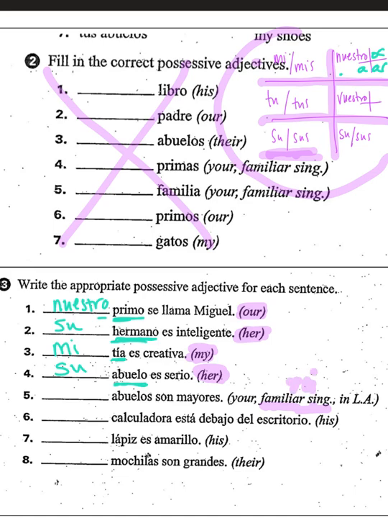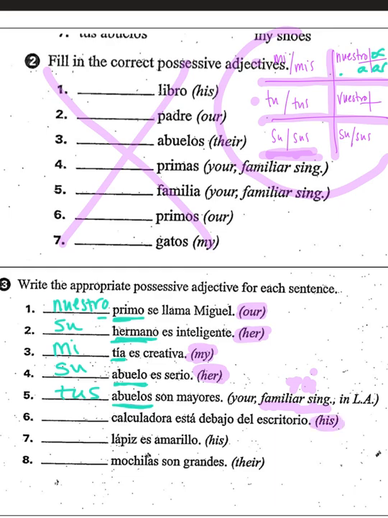Alright, so if that's up here, box 2 for 2, it's going to be tu or tus. How do I know which one? Tu or tus? I got to look here. Abuelos. So then that's going to be plural, so it's going to be tus.